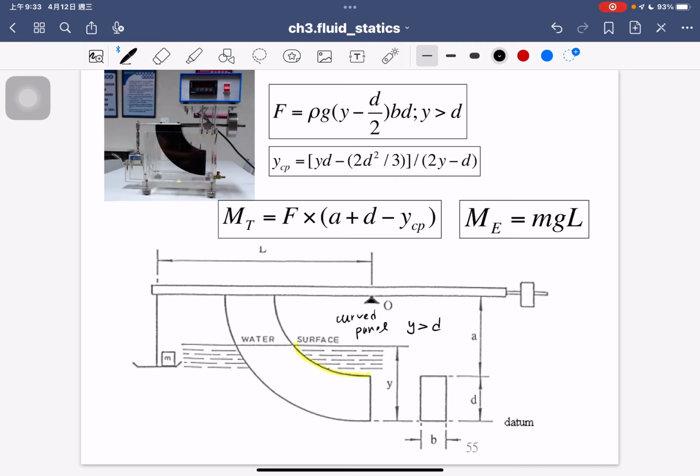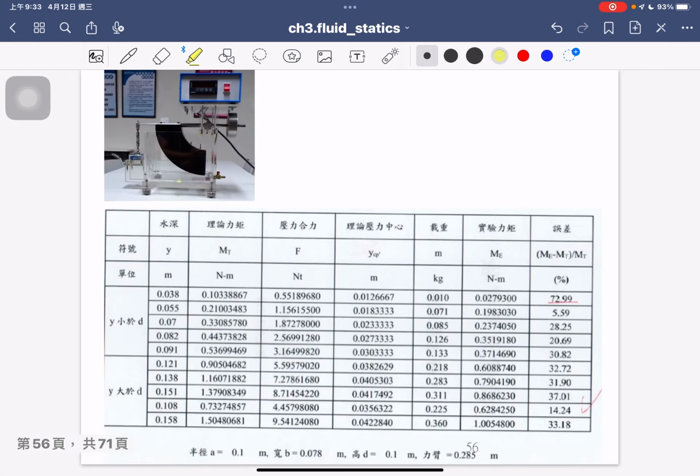Based on the curved panel, we have different YCP definitions here. So you can compute the different YCP location, and also follow the two equations showing here. You make the comparison between the theoretical moment and the true moment. During the experiment, you should finish the table as I show here.